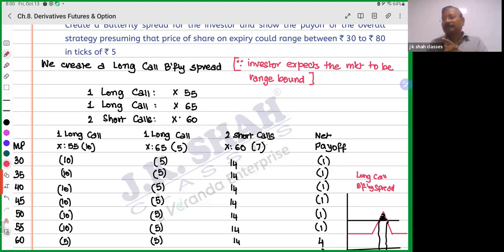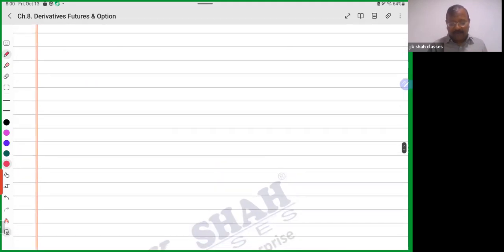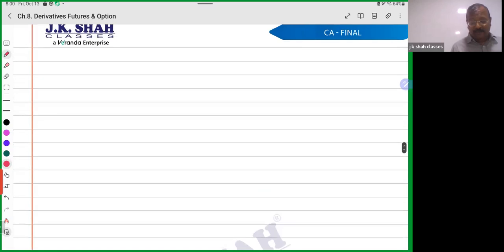Right? So now, when we talk about pricing, don't write this because I think you would have already written this in that first chapter layout which we did.